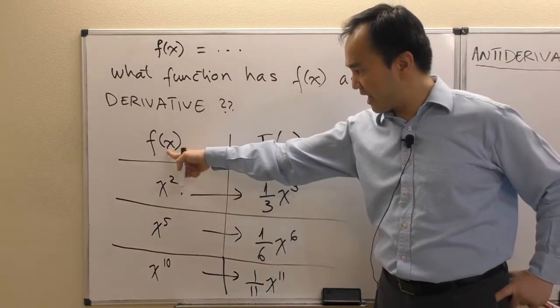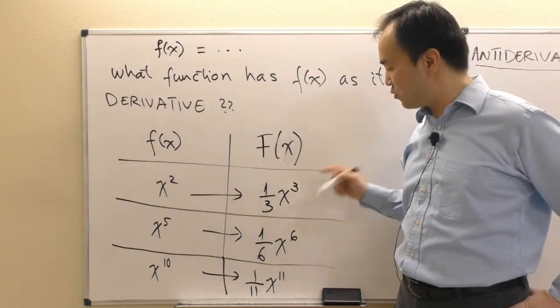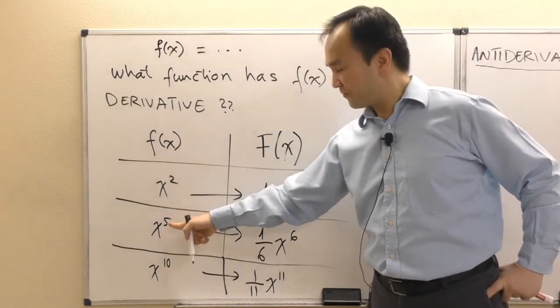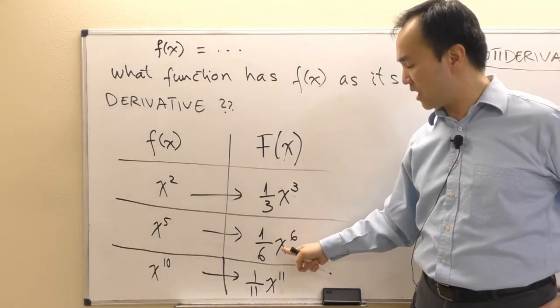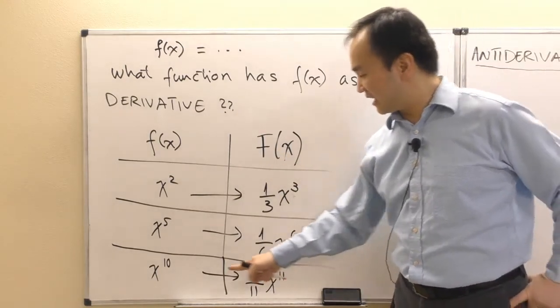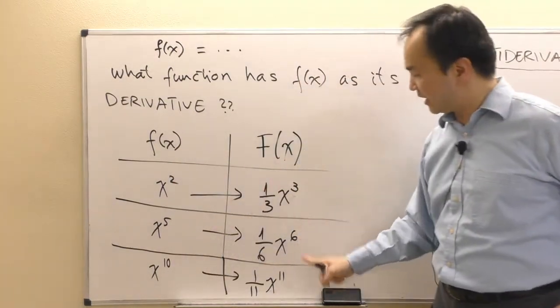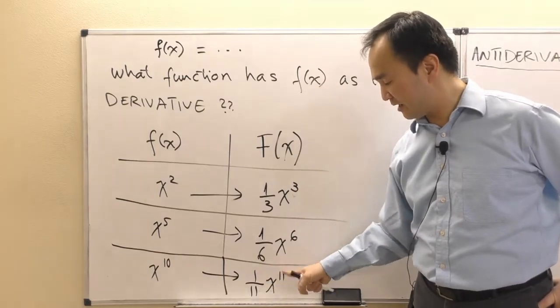If lowercase f of x is x squared, then capital F of x is 1/3 x cubed. If lowercase f of x is x to the fifth, then capital F of x is 1/6 x to the sixth. And if lowercase f of x is x to the 10th, then capital F of x is 1/11 times x to the 11th.